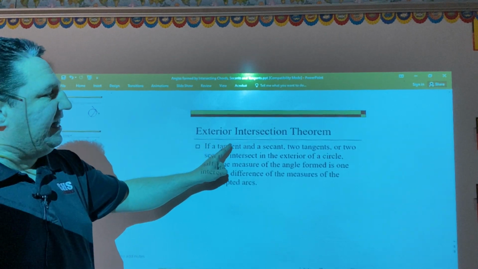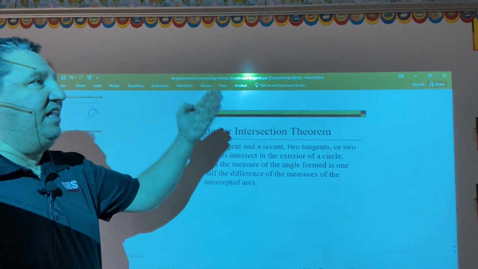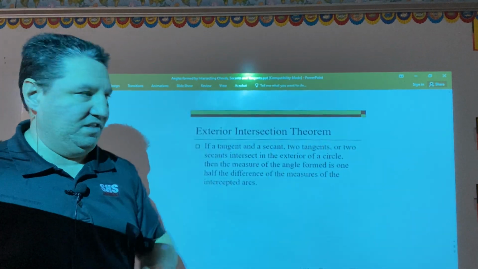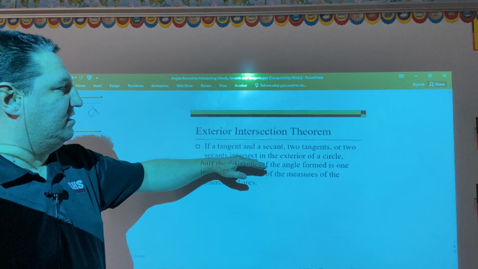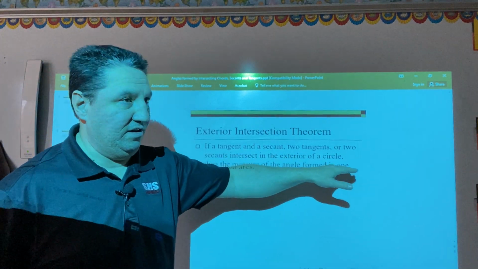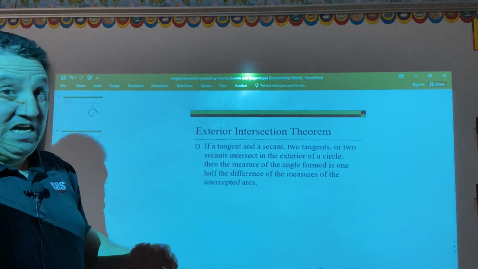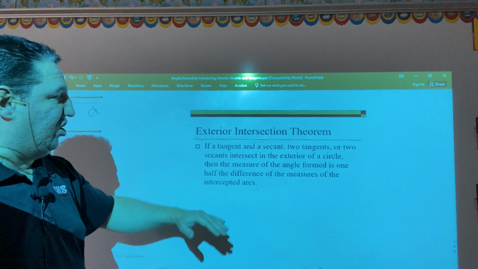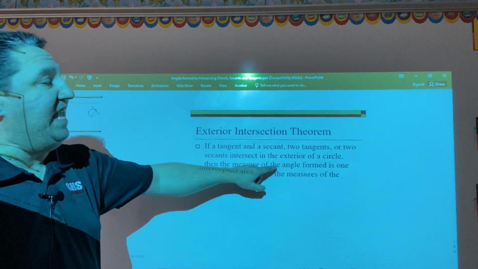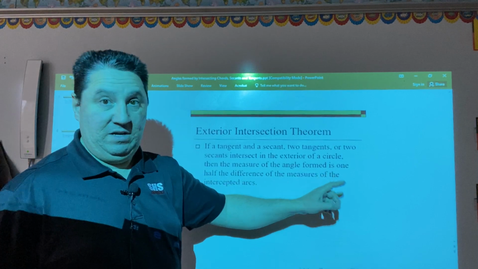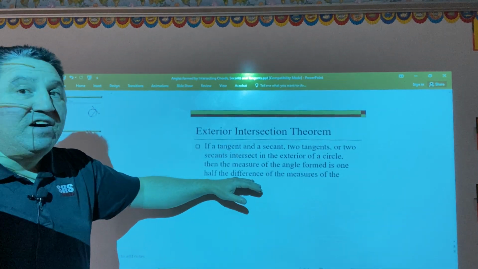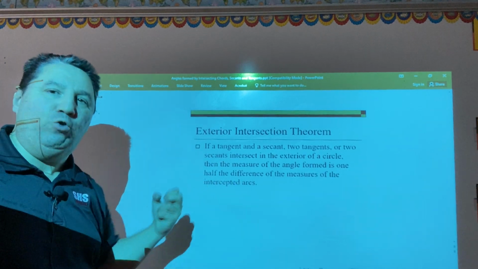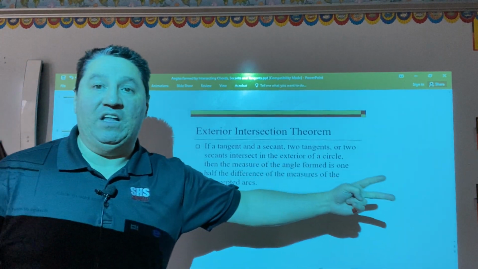We may have a tangent and a secant intersecting outside a circle, or two secants intersecting at the exterior of a circle. So when we have such a case, the measure of the angle formed by these lines is half of the difference between the intercepted arcs.